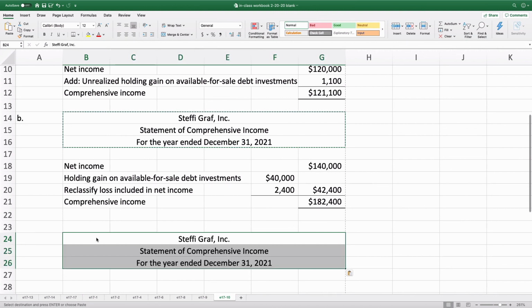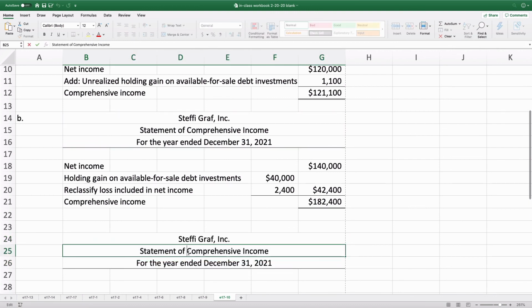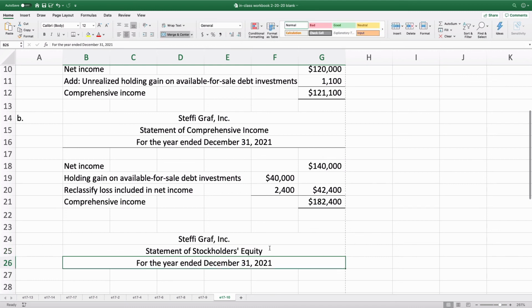And usually this is in the statement of stockholders' equity. And in the statement of stockholders' equity, we show the beginning balance in the common stock and the additional paid-in capital. And these are each shown as column headers: common stock, additional paid-in capital, retained earnings.